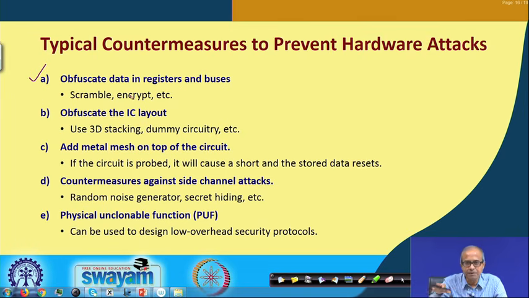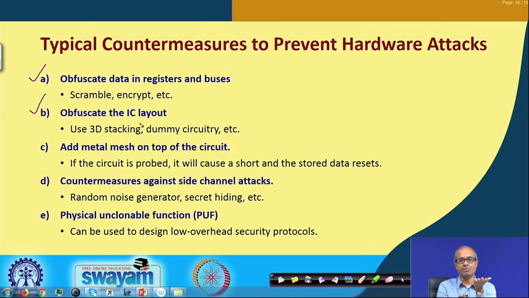Not only that, to prevent this reverse engineering we just now talked about, we can also obfuscate the IC layout. For a person who will try to do this kind of reverse engineering, we are trying to confuse that person. We are using 3D stacking, that means instead of a single chip, we are putting chips one on top of the other, so that the problem of reverse engineering becomes more complicated.